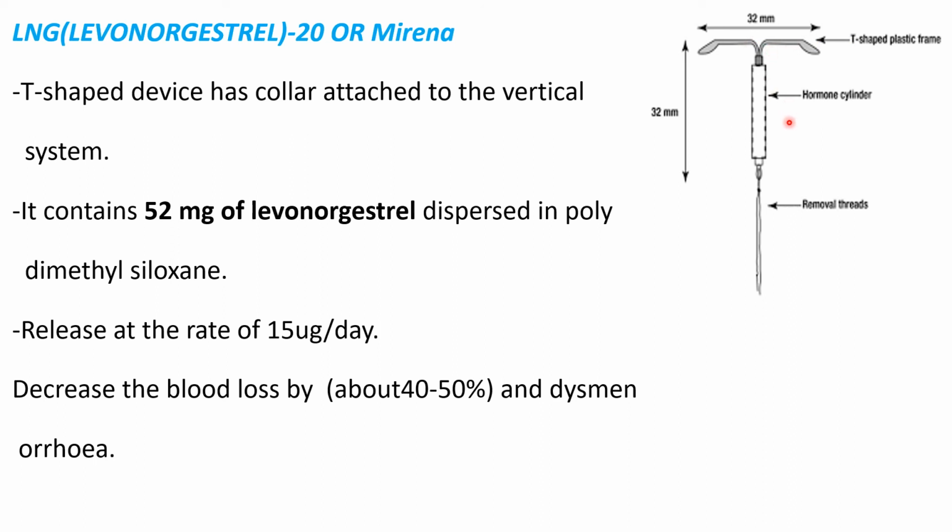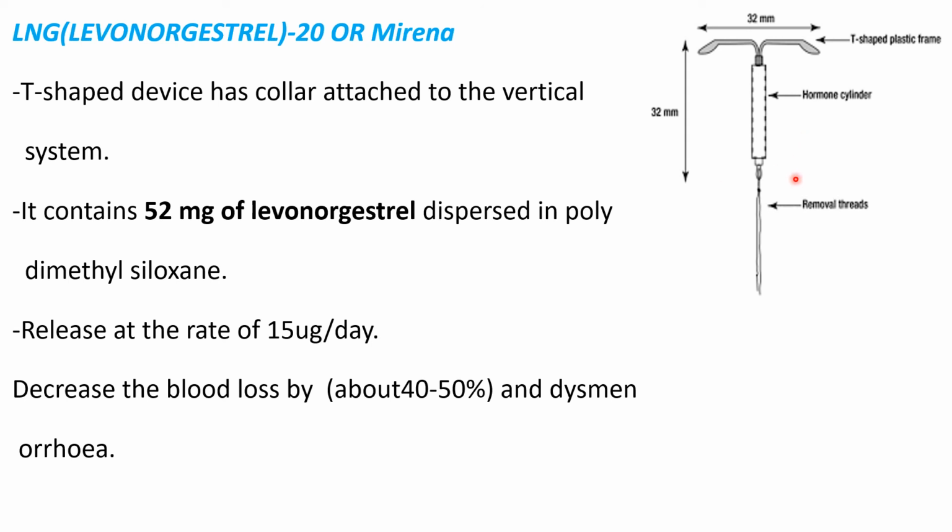What does this hormone cylinder contain? It contains 52 milligrams of levonorgestrel in polydimethylsiloxane. It is a combination of levonorgestrel and dimethylsiloxane present in this vertical system. Every day, 15 micrograms of this chemical, levonorgestrel, is released into the blood.